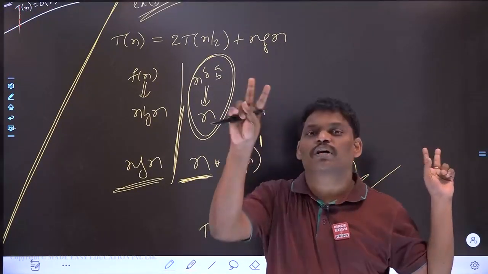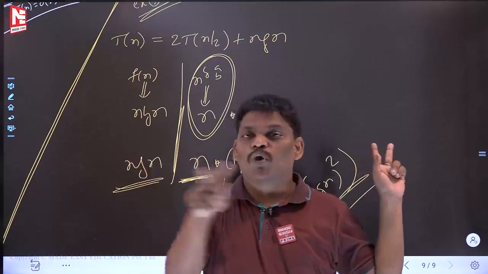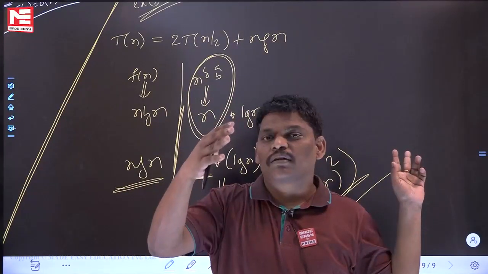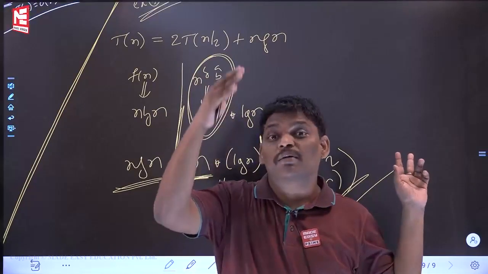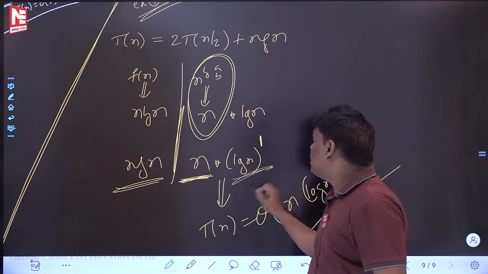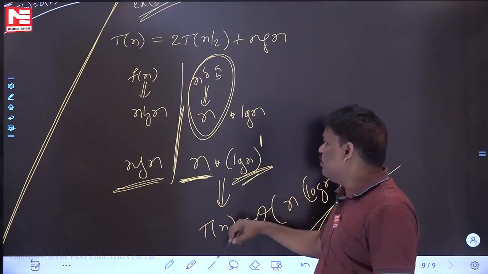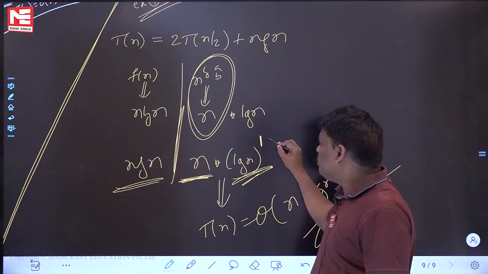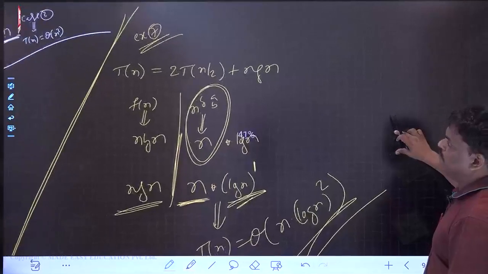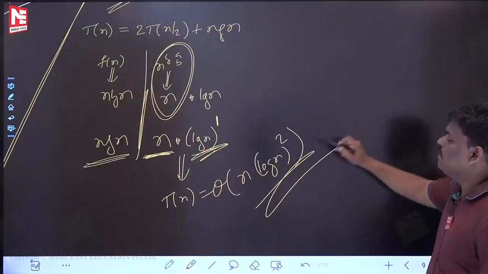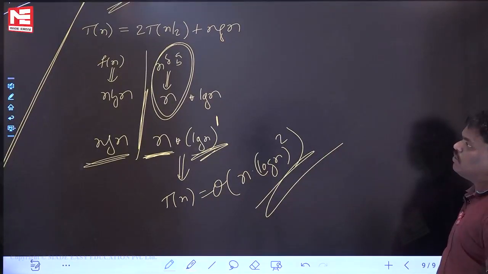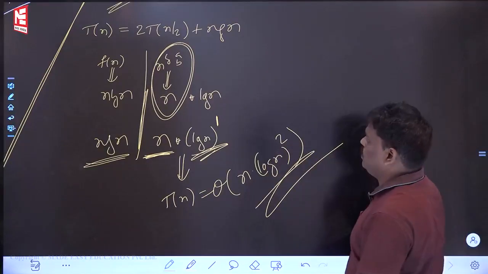Case 3 has two choices: both are equal, or the right hand side person is logarithmic time smaller, then case 3 will work. Then what is the answer? Whatever you kept as k, just write k plus 1. This is example 7. Example 7 answer: n into log n whole square.